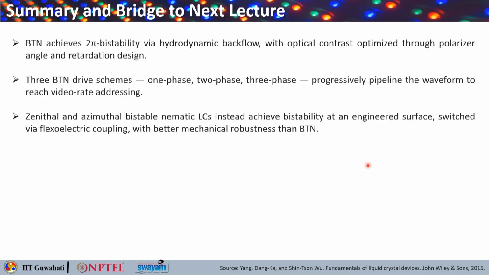Then we discussed zenithal and azimuthal bistable nematic crystals. They achieve bistability at an engineered surface, switched by flexoelectric coupling, and they provide better mechanical robustness as compared to BTN. This completes our discussion about the bistable nematic displays.